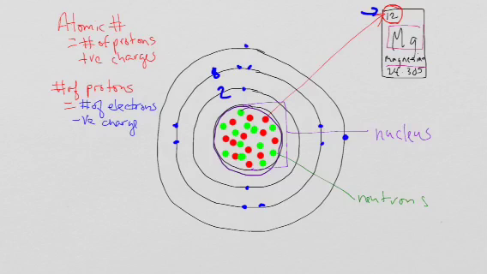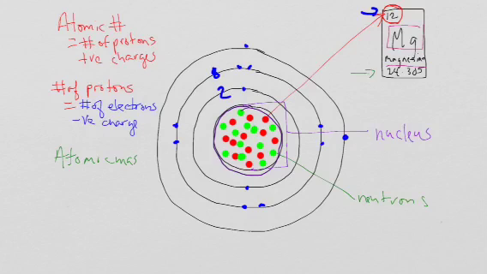Because in order to calculate the number of neutrons, if I look at magnesium here, in order to calculate your number of neutrons, you look at the other number in the box. And it's always a decimal. And that decimal represents the atomic mass.